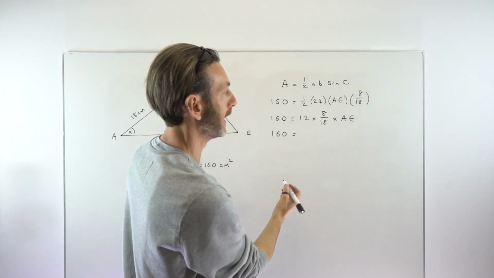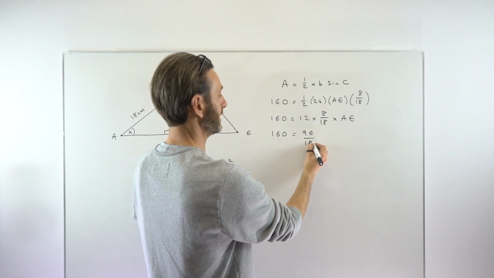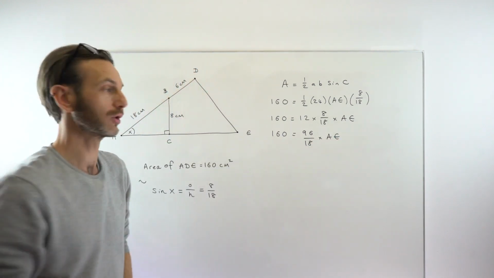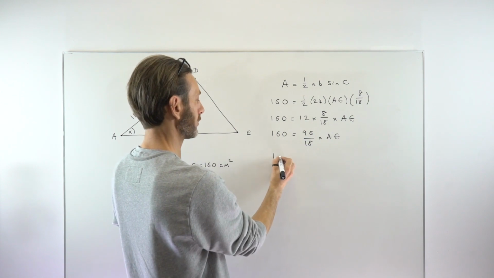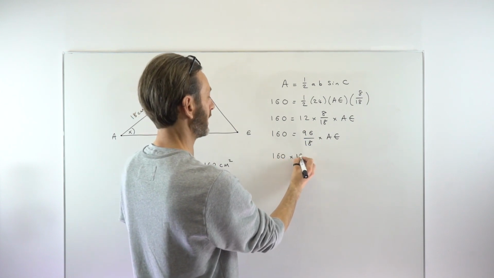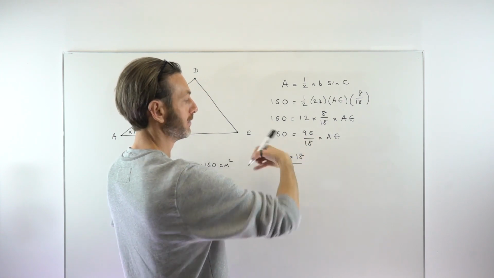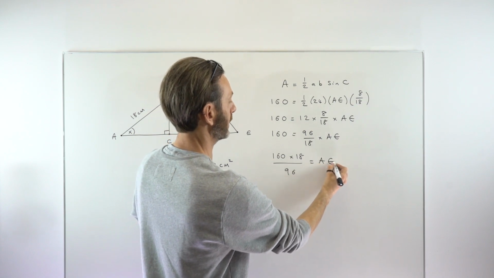So 12 times 8 is 96, so it's 96 over 18 times AE. Just like solving an equation or rearranging a formula, we can move this 18 to the other side by multiplying. So it's going to be 160 times 18, and we can move the 96, which is multiplying the AE, by dividing on the other side. That would give you something that looks a little bit like that.